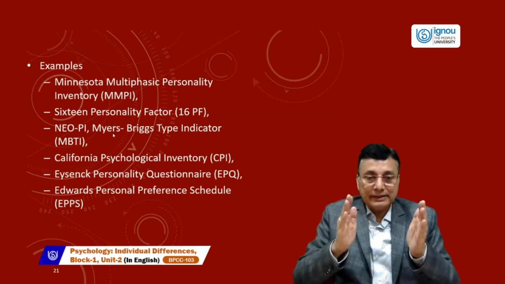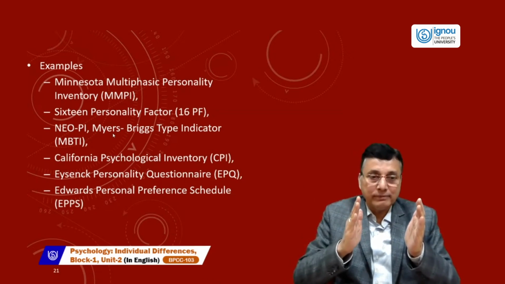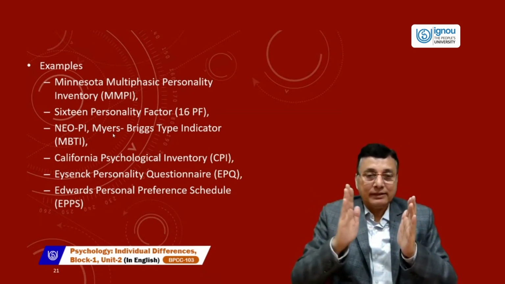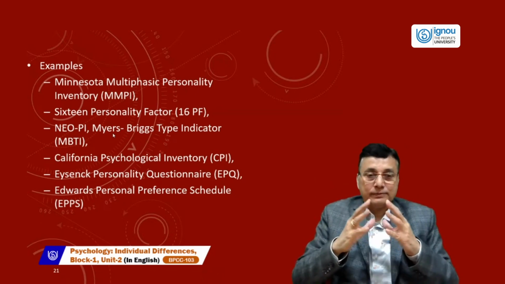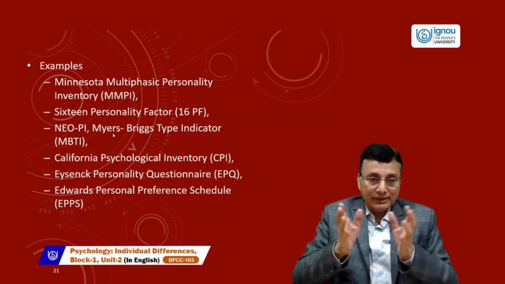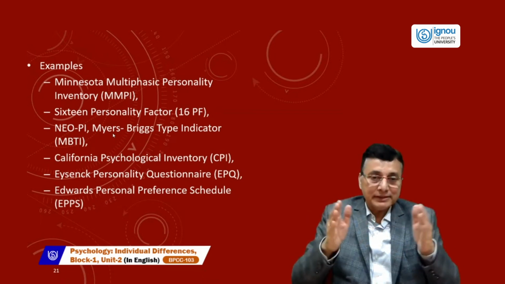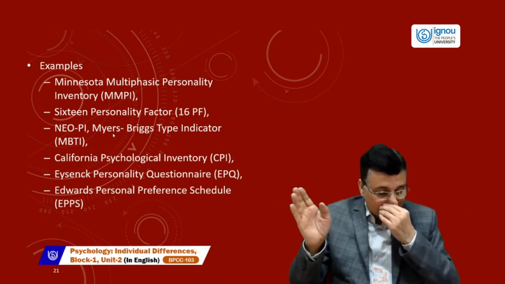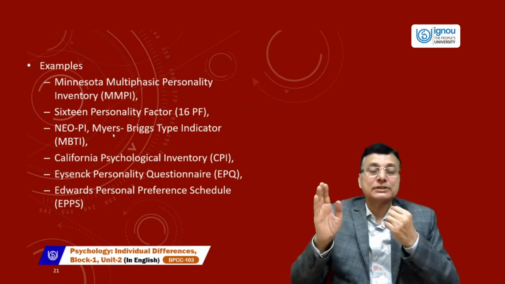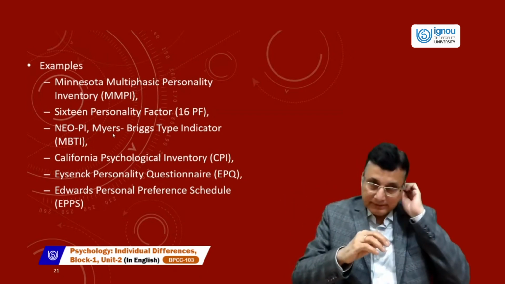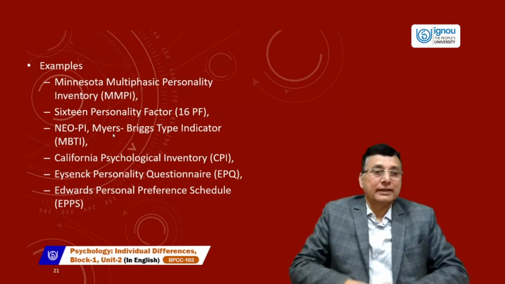The client's score will fall within 1 to 10, and 4, 5, 6 is considered average. A deviation, like a score of less than 4 or more than 6, is considered as the presence of that particular factor in the person.